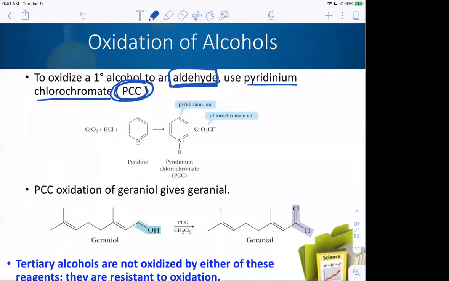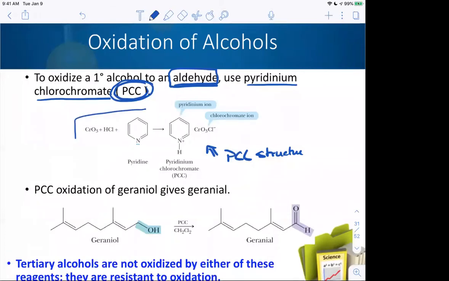This is what it looks like. This is the structure of it. I have a pyridinium, so a quaternary nitrogen, with this chlorochromate ion. So it's called pyridinium chlorochromate.